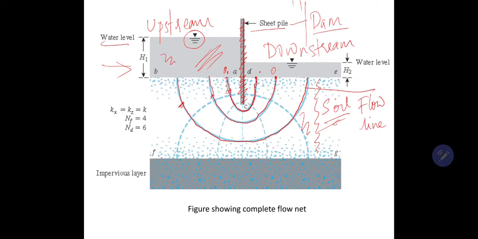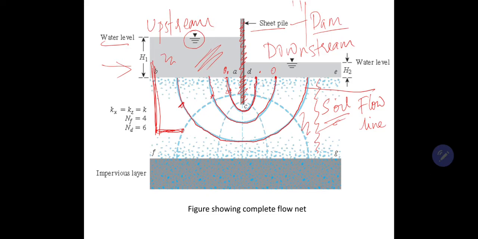Whenever we have water flowing like this, we have to know at how much pressure the water is flowing. If I put a piezometer, you should know what a piezometer is. A piezometer is an instrument used to measure the pressure of the liquid at a particular point.